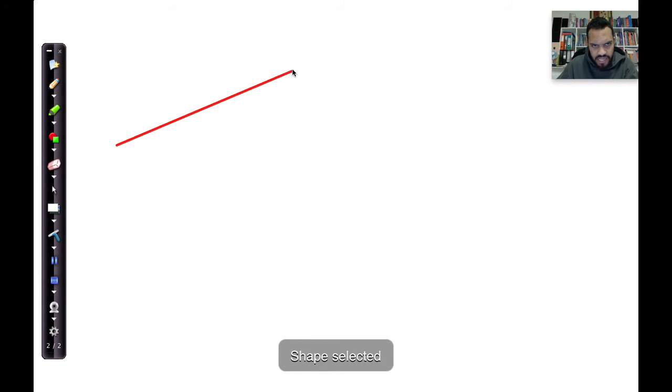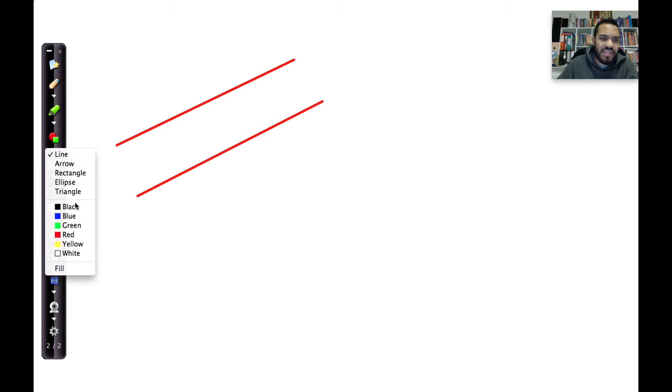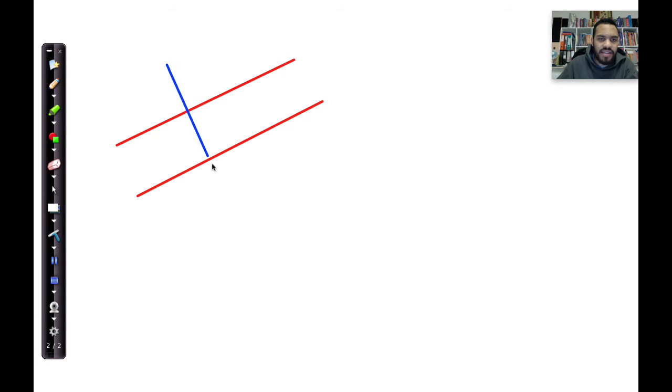If I draw a line like that, and I draw another line like that, then I can conclude that these two lines are parallel if a line drawn across them meets both at a right angle. Then I can say that this line over here is parallel to this line over there. That's our example of parallel lines.